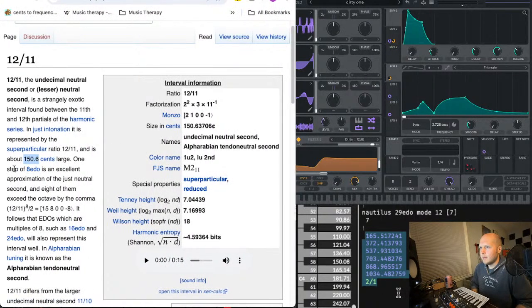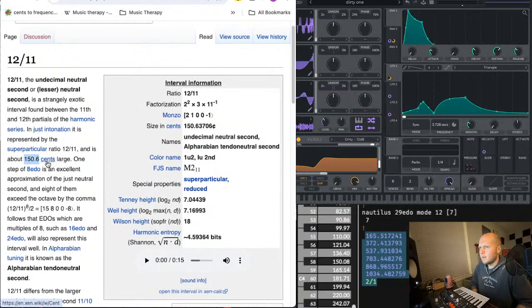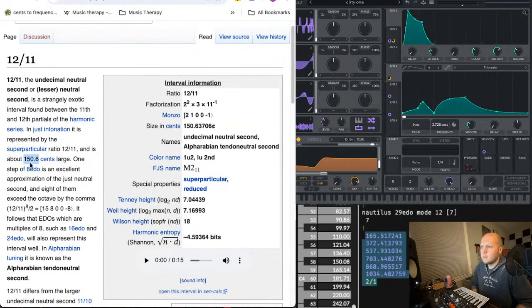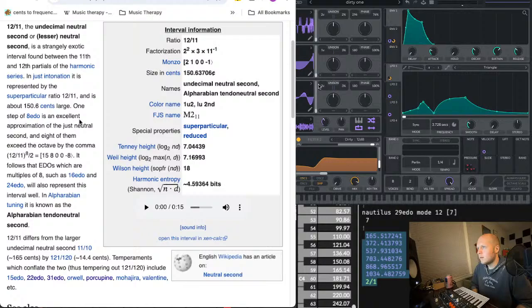If you were to lay out 24 Edo on a keyboard, every key would be 50 cents up. So this would look like a minor third. It would look like C to E flat if it was in 24 Edo. It says here 1 step of 8 Edo is an excellent approximation of the just neutral second.